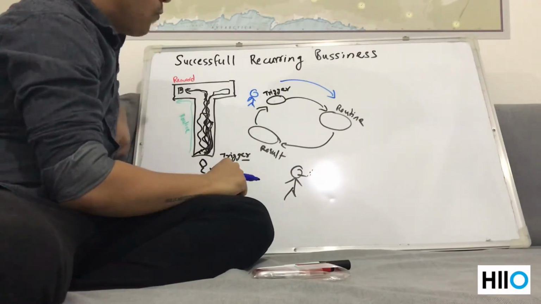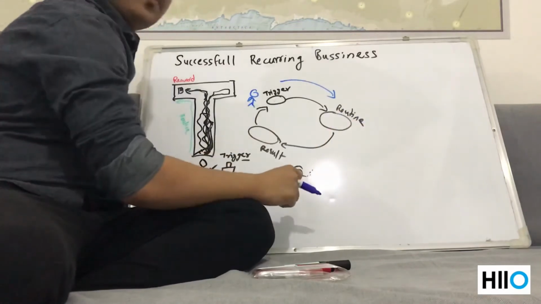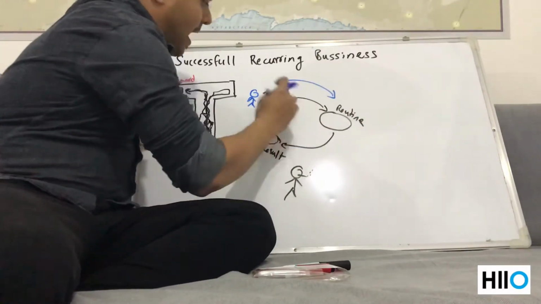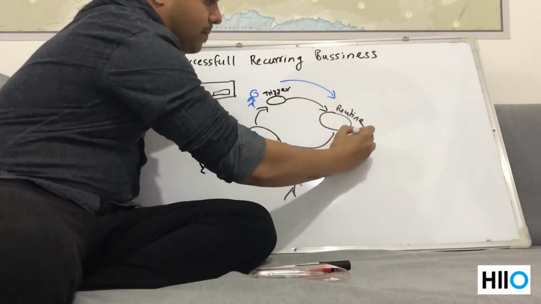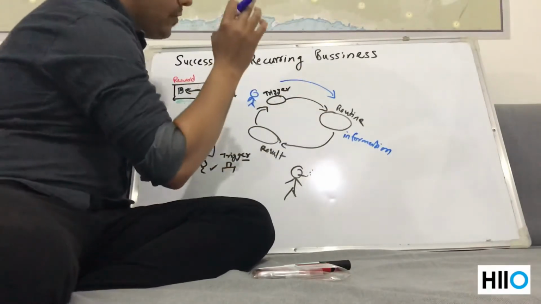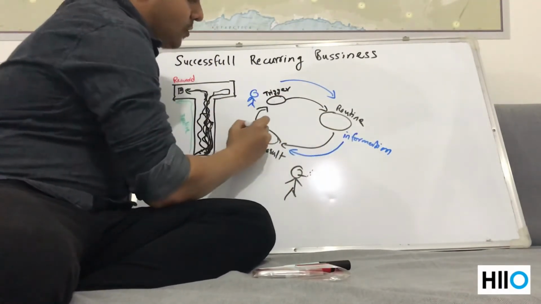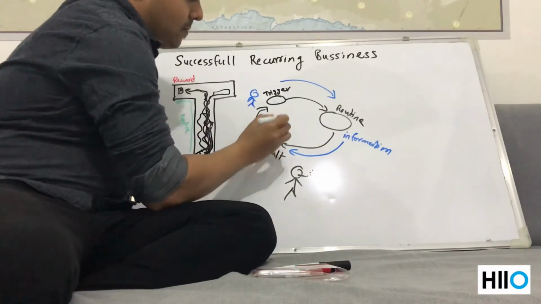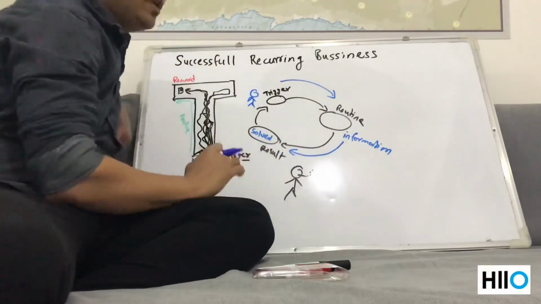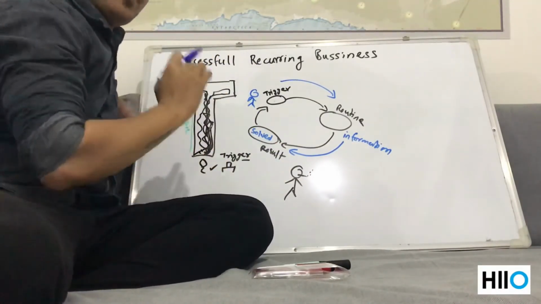Once the trigger happens, that customer comes to you. When the customer comes to you, you give them information. And because of your information, his problem gets solved. So this is the whole circle which will bring you your customer again and again.